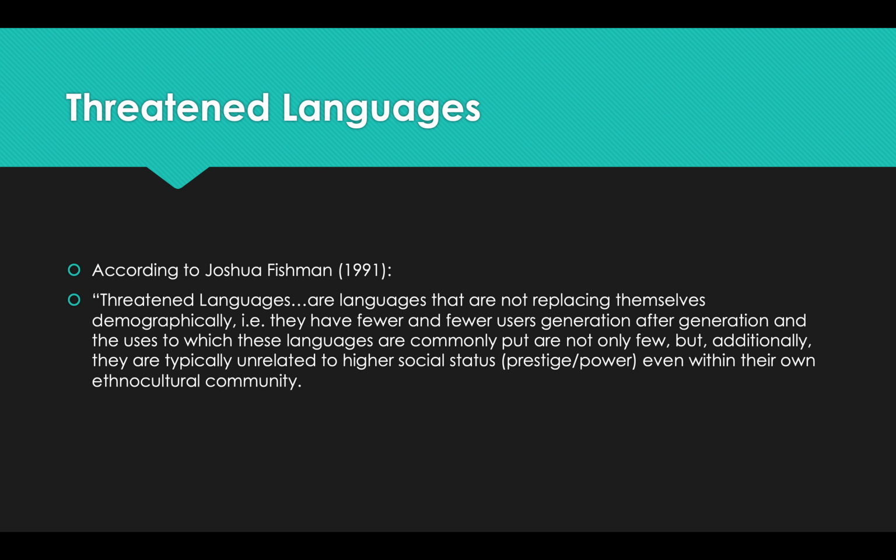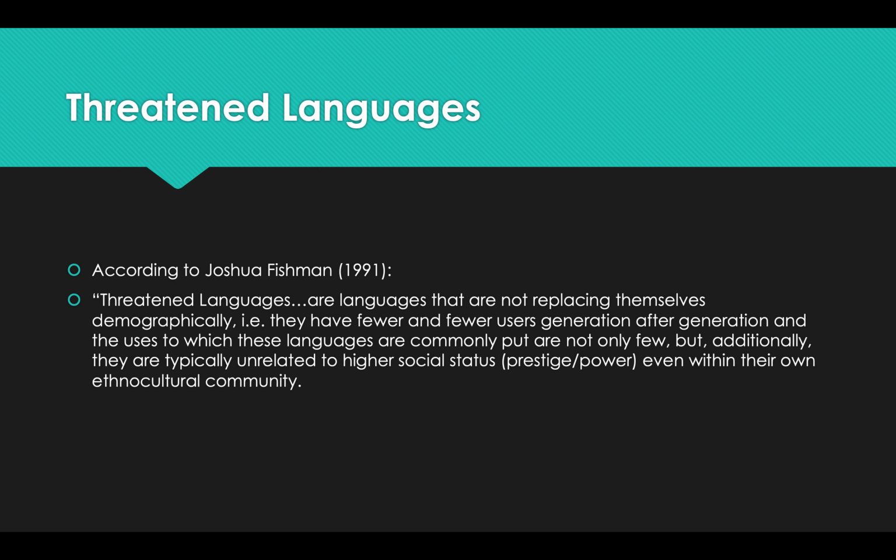So let's break this quote from Fishman down. Threatened languages, which we often talk about as endangered languages, but he's talking about them as threatened, are, one, not replacing themselves. So they have fewer and fewer users generation after generation. And the uses of these languages are few.